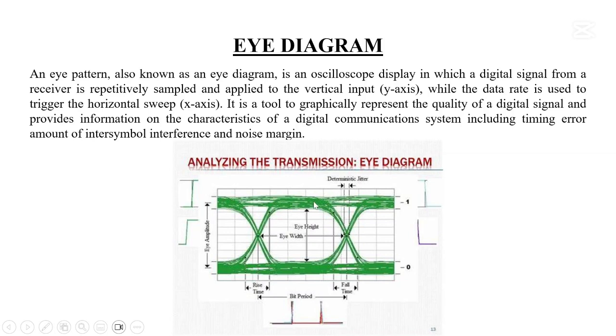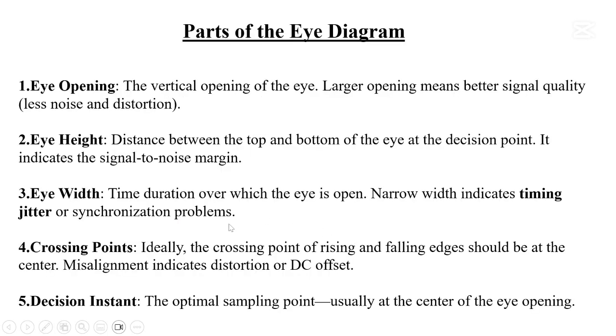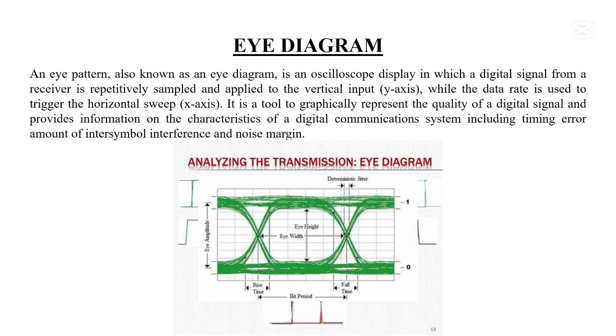From this reference and this reference, this point should be at the center. Decision instant: the optimal sampling point is usually at the center of the opening. So we have different things that tell us the quality of the received signal.